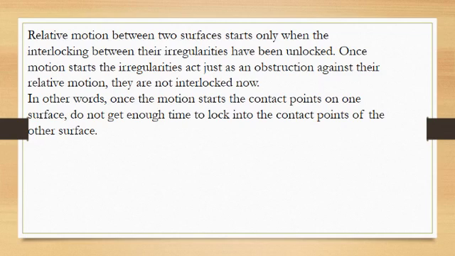Once motion starts, the irregularities act just as an obstruction against their relative motion. They are not interlocked now. In other words, once the motion starts, the contact points on one surface do not get enough time to lock into the contact points of the other surface. So it is easier to keep on moving an object when it is already in motion than to start it from rest.